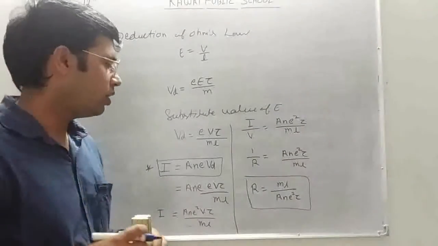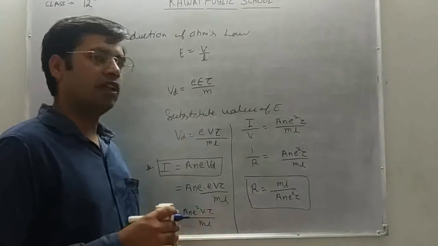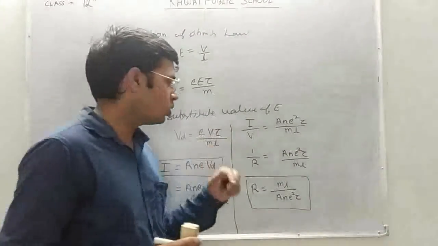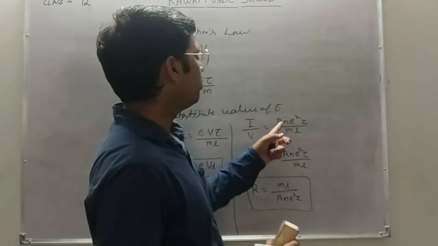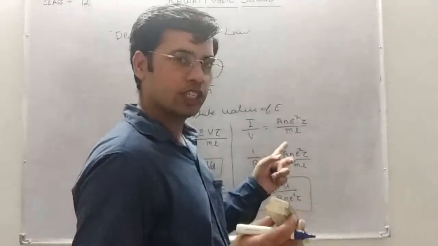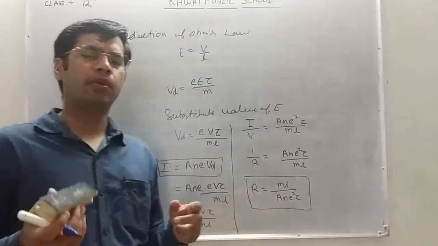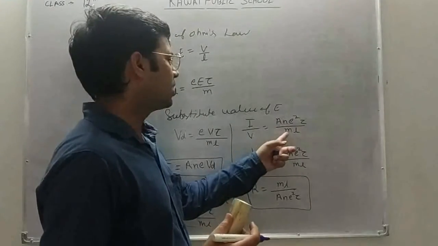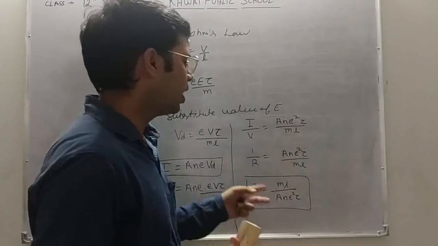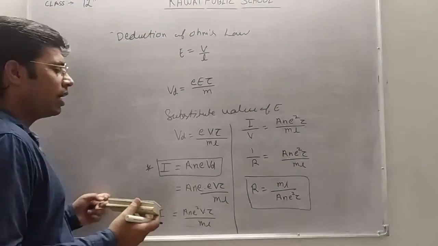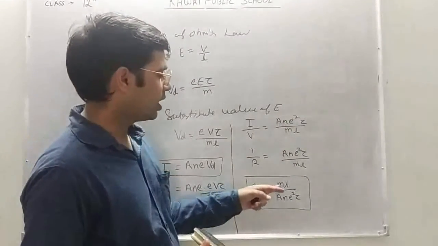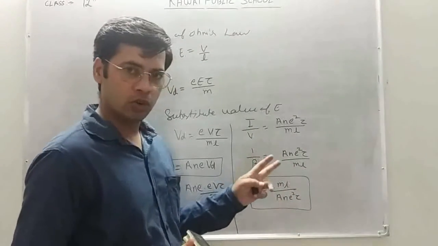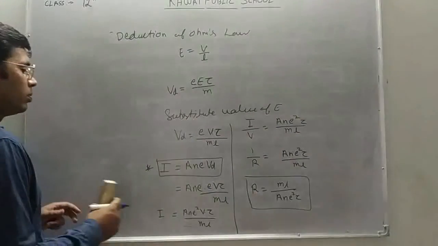In the same way we can calculate the value of resistivity in terms of all these parameters. Now one more thing: when we keep the physical quantities constant, at a given temperature and pressure, all these parameters remain constant, that is m, A, n, e square, tau, and at that time the resistance is mL divided by Ane square tau.